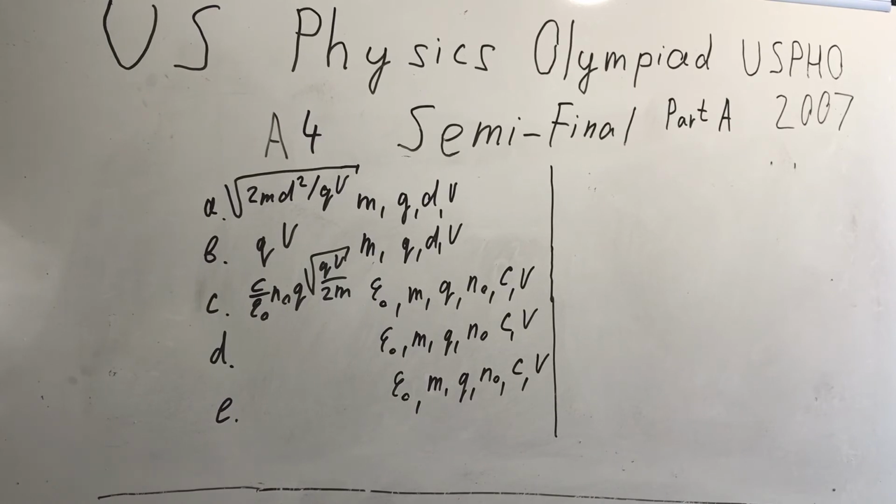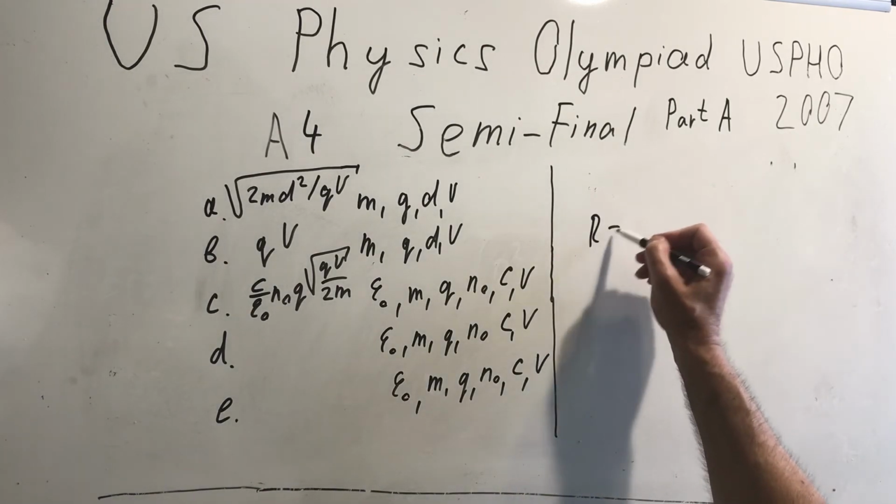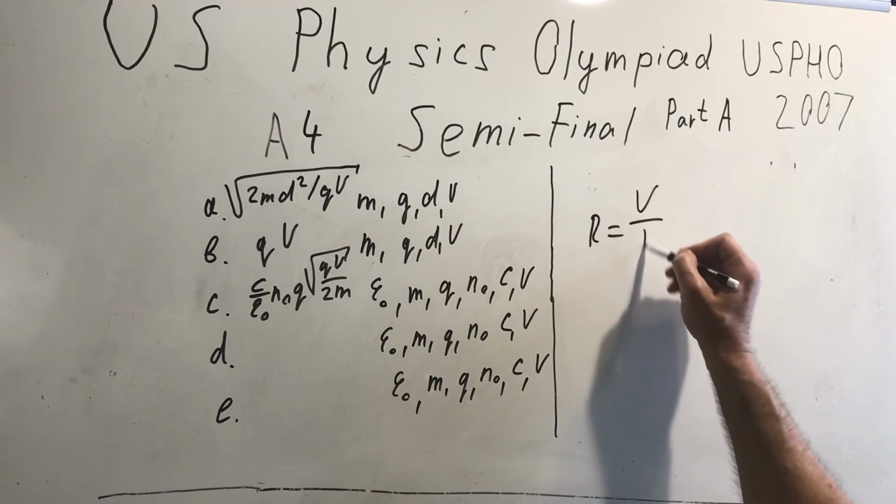Next question is D. Derive an expression for the effective resistance of the device in terms of epsilon 0, m, q, n0, C, V. Resistance, we know, is equal to voltage divided by current.